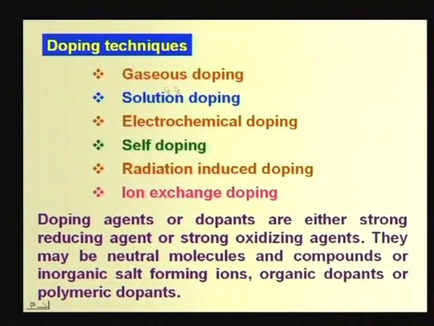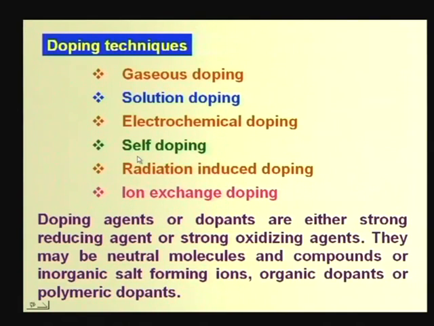Now, how to incorporate those impurities as dopant in the polymer chain, which is insoluble or infusible? That is a difficult task. So, people tried in many ways, and these general routes are mentioned over here: gaseous doping, solution doping, electrochemical doping, self doping, radiation induced doping, ion exchange doping.